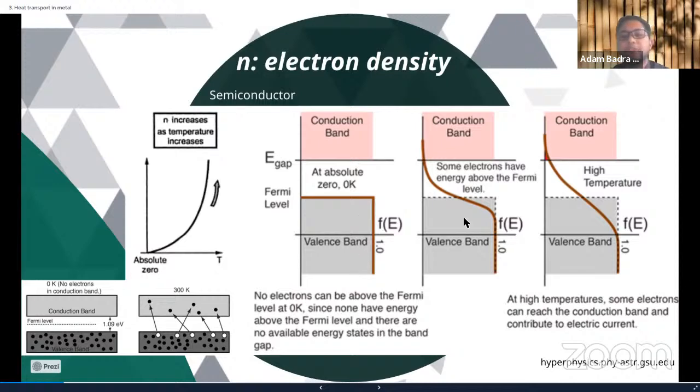But at finite temperature, as the temperature increases, f will have a tailing effect. The tail of the function is not zero around the conduction band, and this means that there is electron density at finite temperature. This is responsible for the conductivity of a semiconductor.